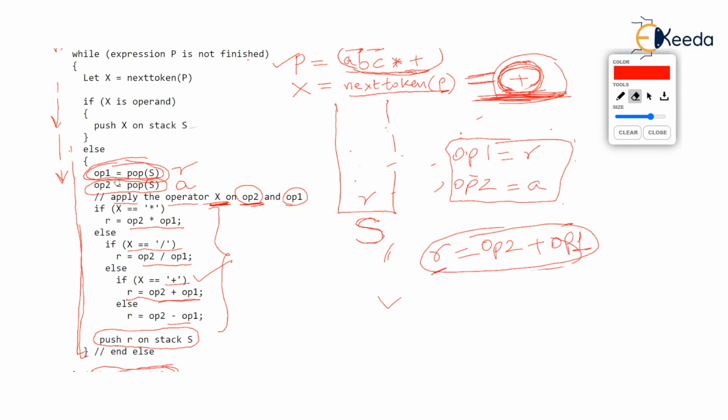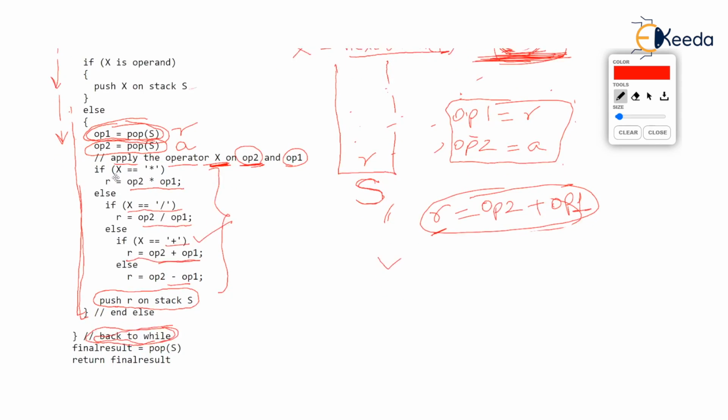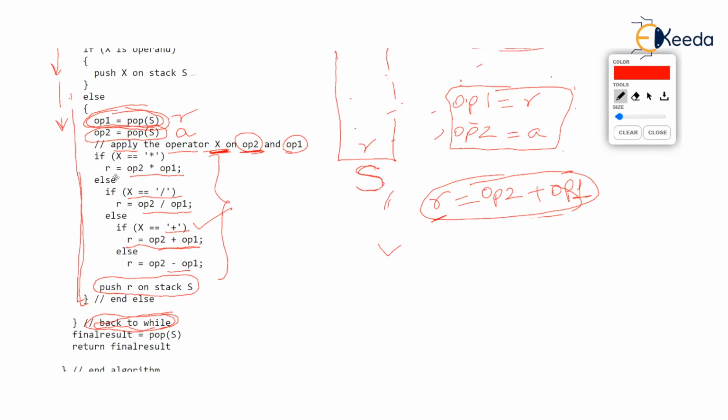So while is stopped. And when we come out of the while, we are sure about one thing, that the stack contains only one value. Yes, everyone. See this stack S. The stack is containing only one answer. That is the final result. This R is the final result of our expression.